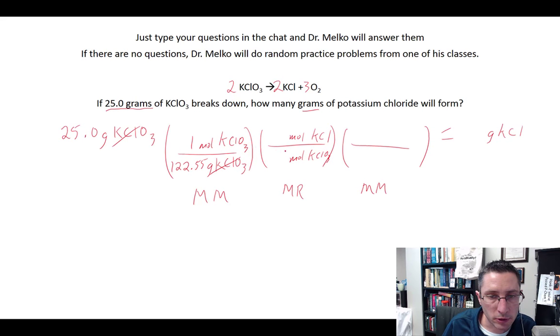Now I'm in moles of that unit, and I need to convert to the potassium chloride moles using my molar ratio. Again, it's a 2-to-2 ratio, so essentially 1-to-1. But that does take care of my units, and now I'm in moles of KCl.